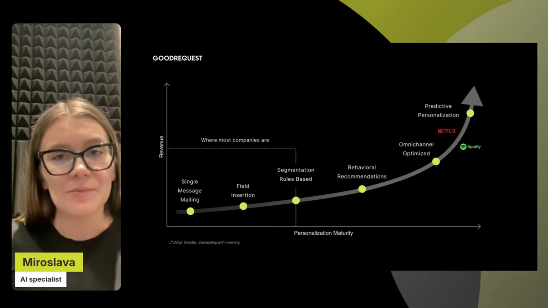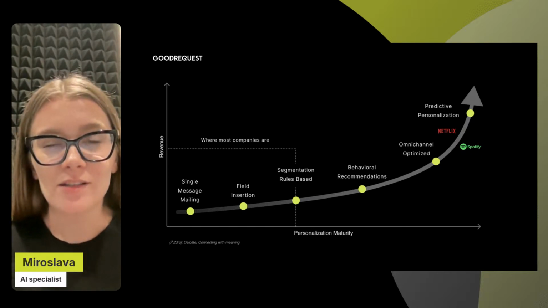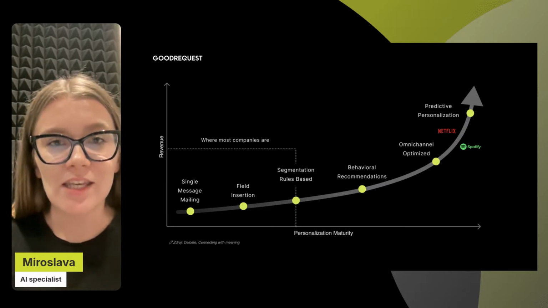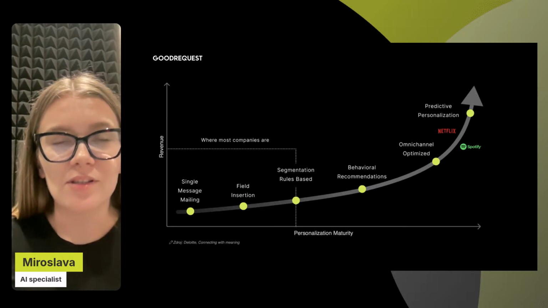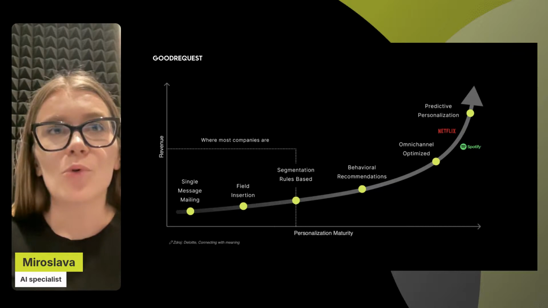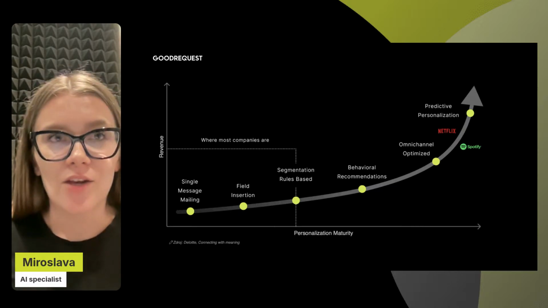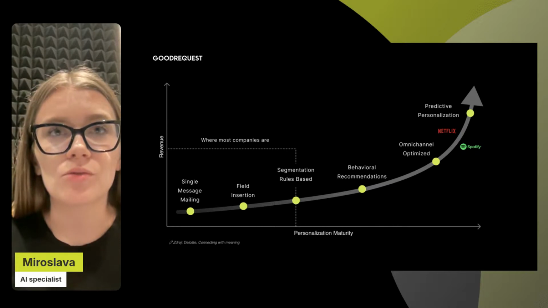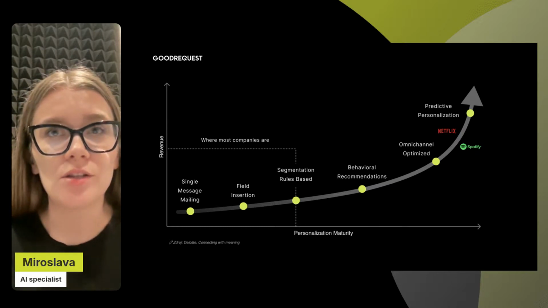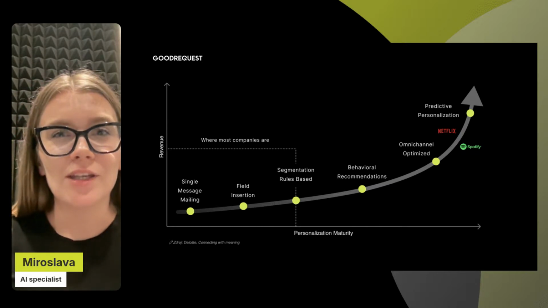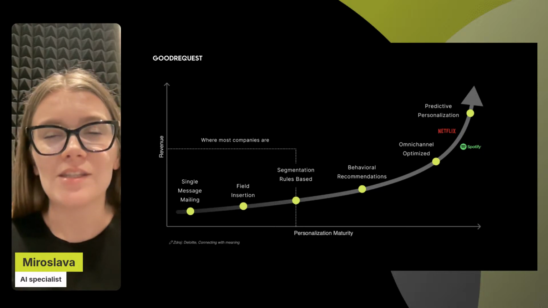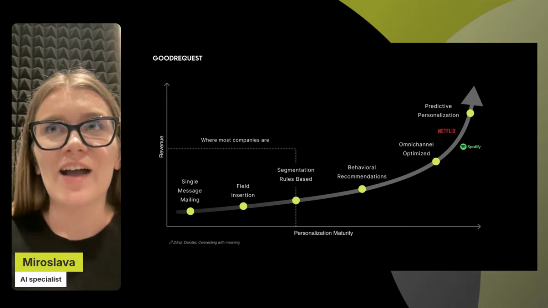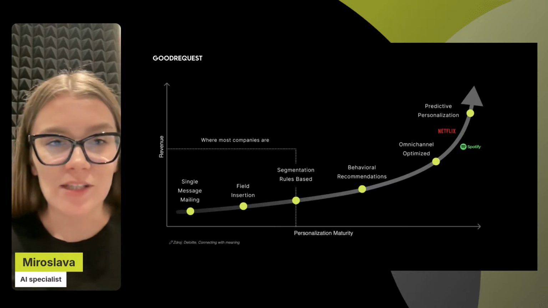What I'm speaking about here is personalization. As you can see in this personalization maturity curve, most companies lie in the area where the maximum they do is rule-based personalization. And really good companies like Netflix or Spotify are doing predictive personalization.